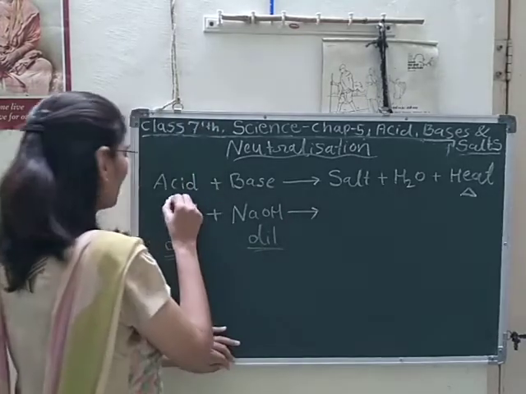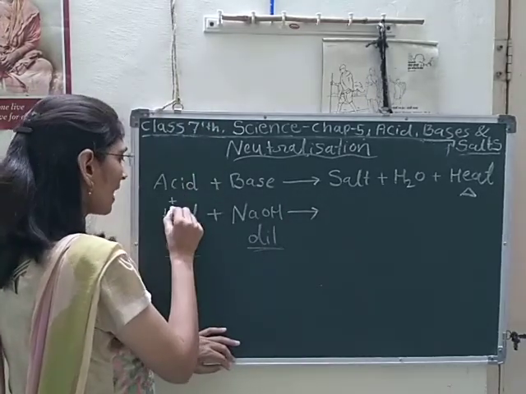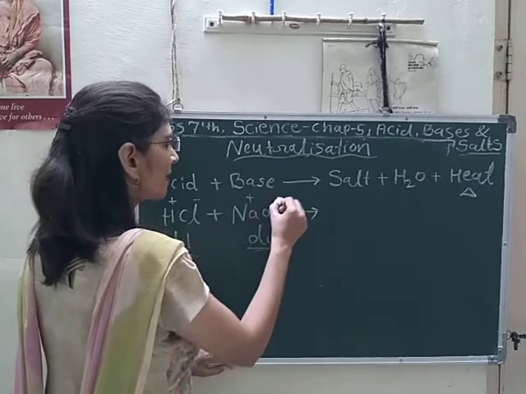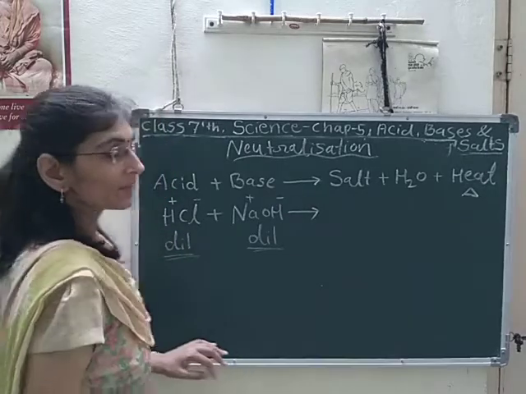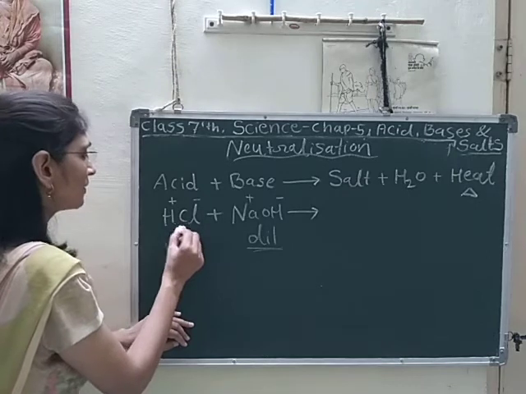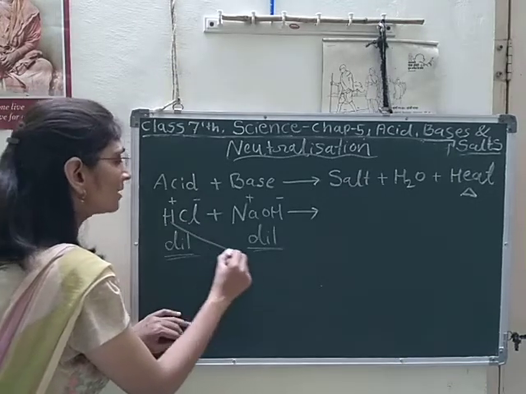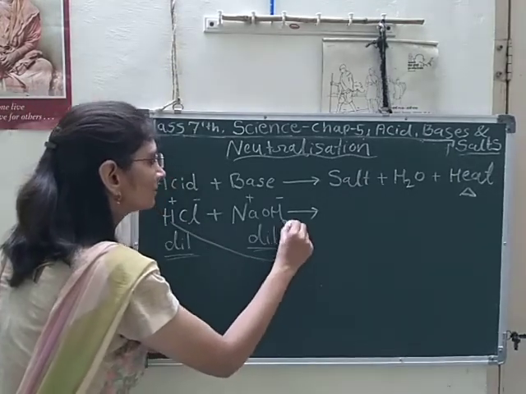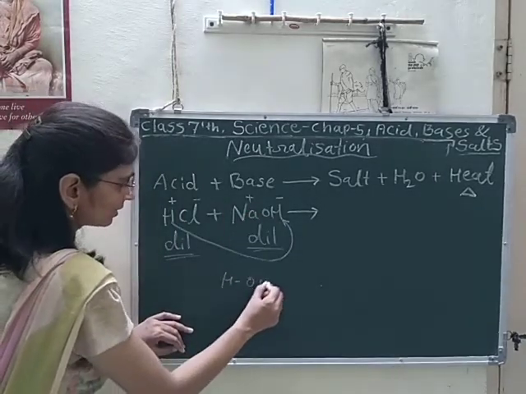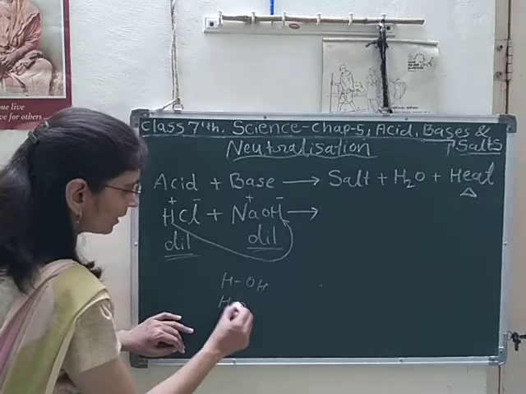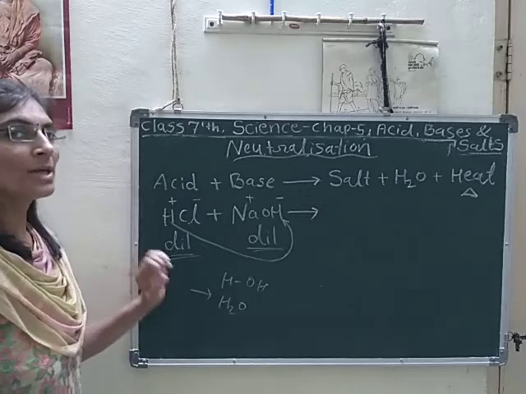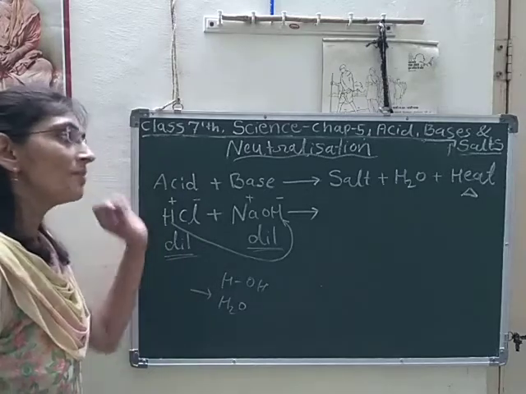Actually, HCl has H positive ion and Cl negative ion. Here sodium positive ion and OH negative ion are present. So the H positive ion will react with the OH negative ion. H and OH make H2O, which means water is formed here.